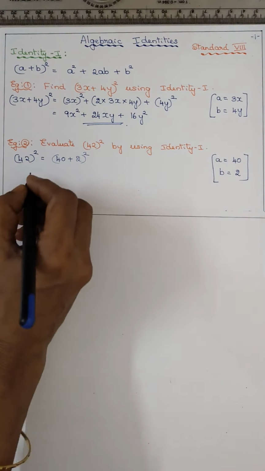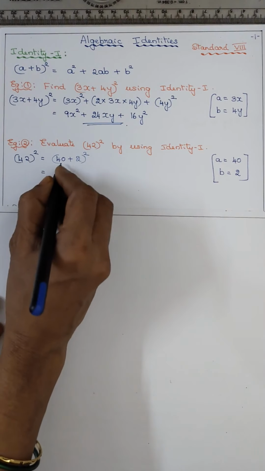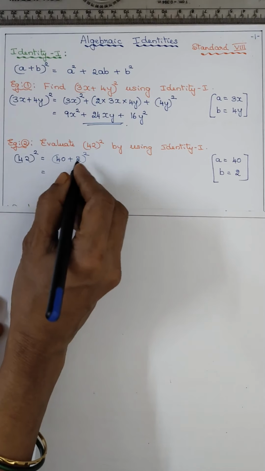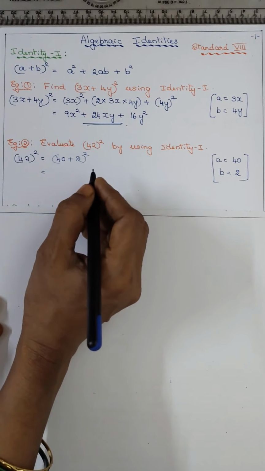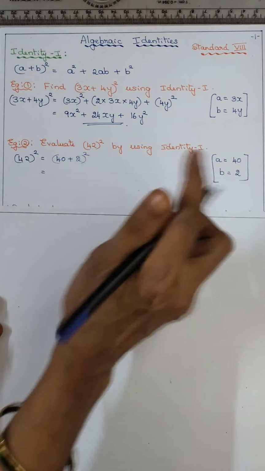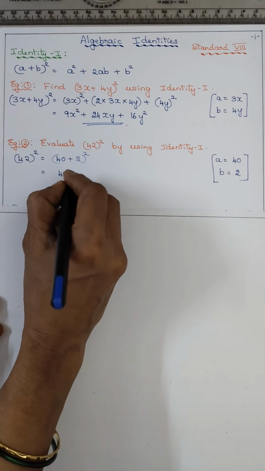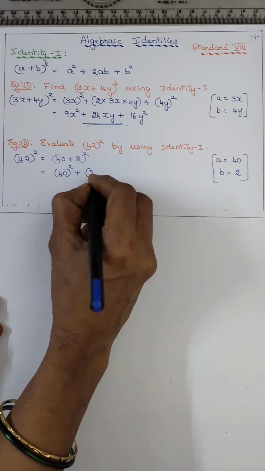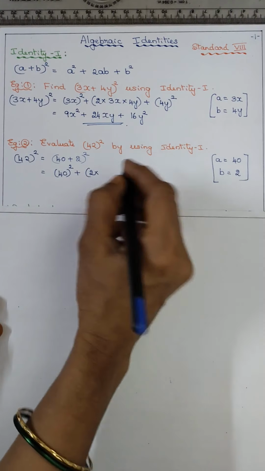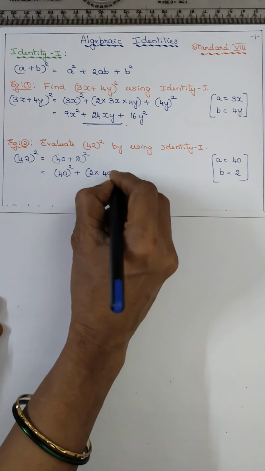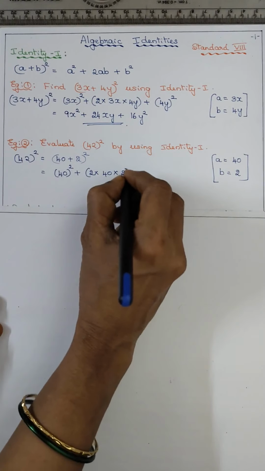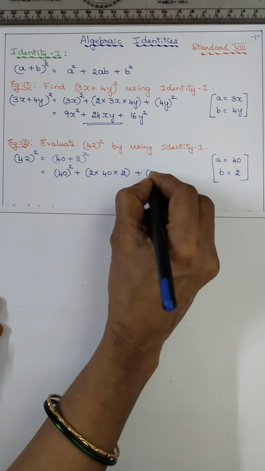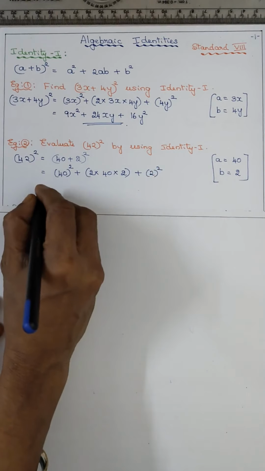Now you write (40 plus 2) the whole square. (a plus b) the whole square is equal to a square. Put the value, (40) the whole square. 2ab, 2 into a is 40, b is 2, plus b square, that is 2 square.